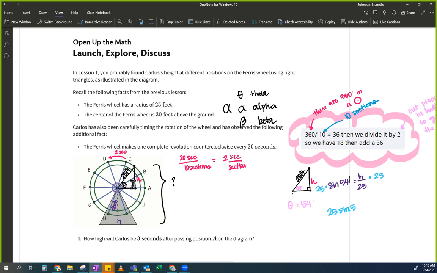So one more time, if you're lost on the 18 here, we took our whole circle and we divided it into 10 sections. So we got 36 degrees per section, from A to B, B to C, and so on and so forth. But then I wanted to go half a section, so that's why we divided it into 2, and that's why we got 18.